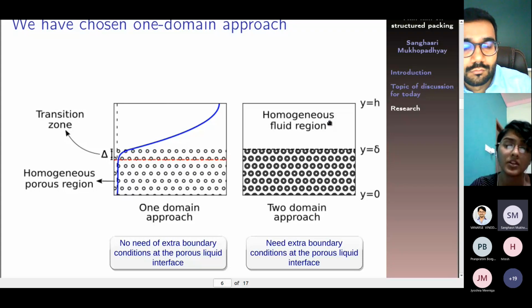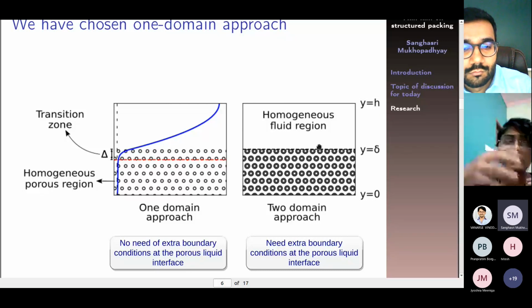Between the porous and the liquid layer, we have a set of boundary conditions to adjust at the interface. So we need to handle some extra boundary conditions: a boundary condition at the bottom of the porous layer, one at the free surface, and also extra ones in the intermediate region between the porous and the liquid.